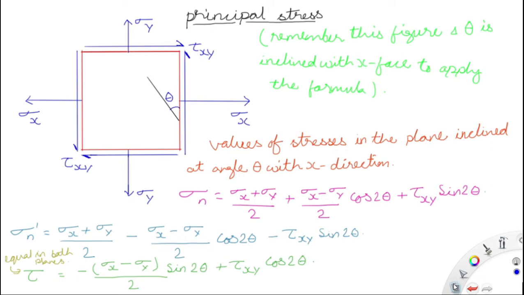So this is the figure, sigma x acting in the horizontal direction and sigma y acting in the y direction. Both sigma x and sigma y are tensile stresses, and tau xy is the shear stress acting on the faces. This is the direction of the shear stress.